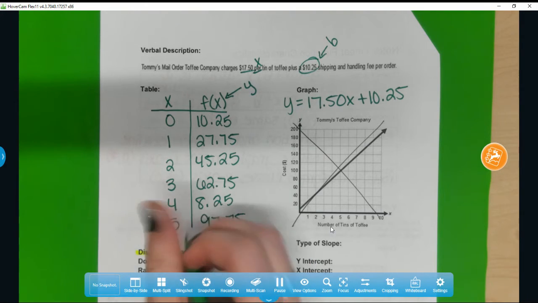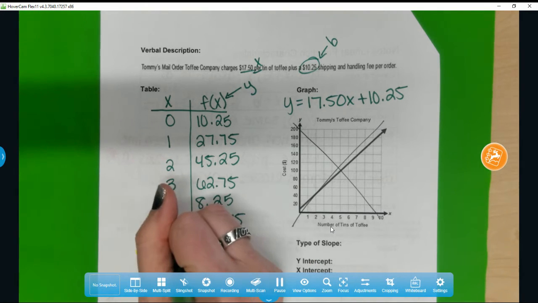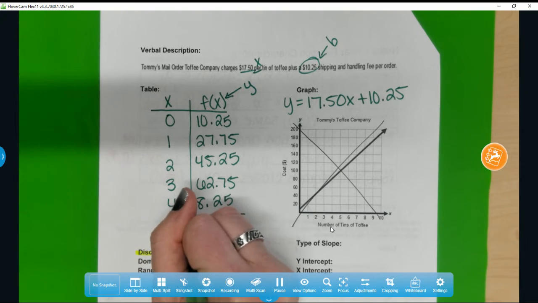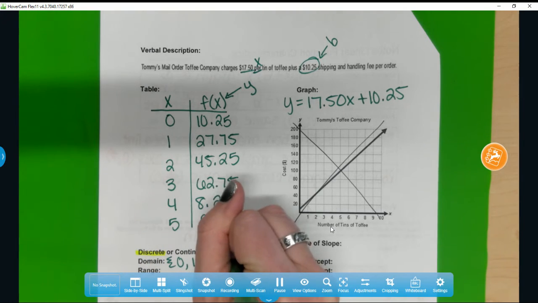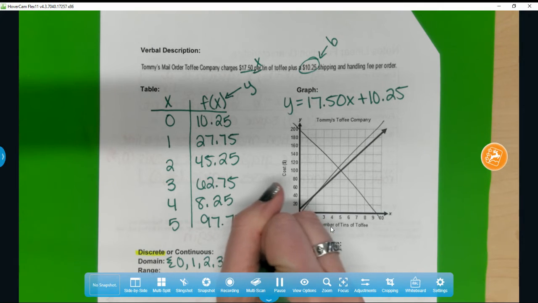Okay, so our domain is just going to be 0 with the numbers we used, 1, 2, 3, 4, and 5.